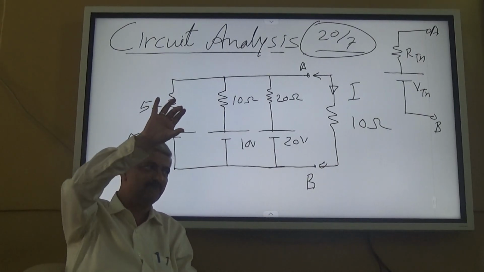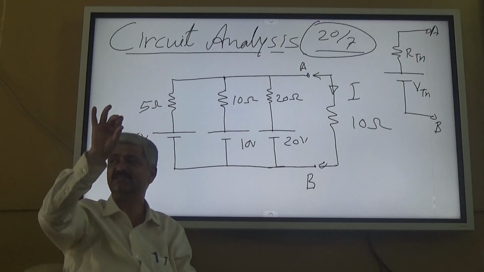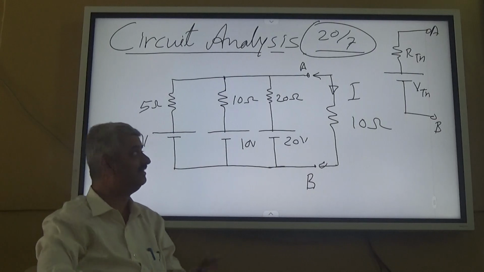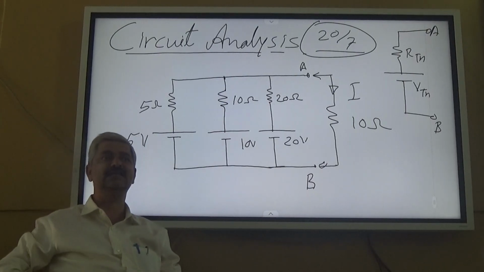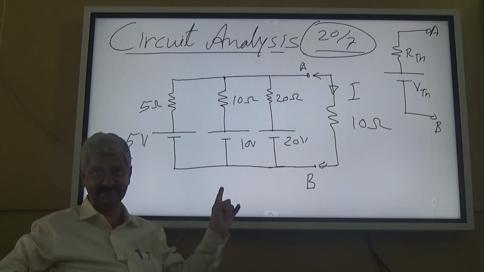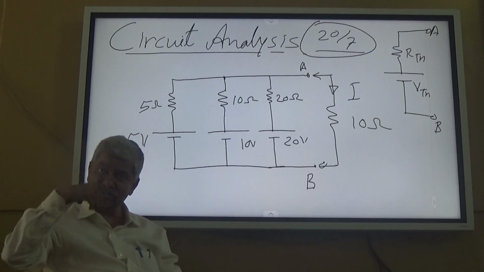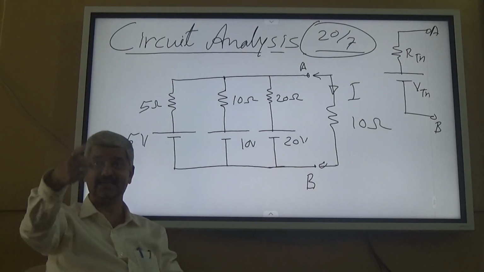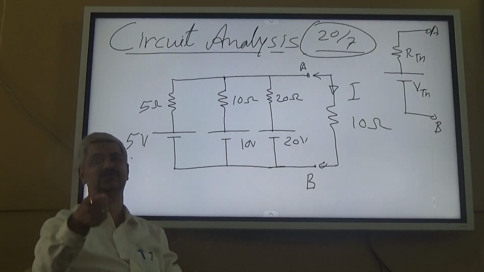If I have multiple parallel branches, each consisting of a voltage source and a resistor, can I find their equivalent by some further simplified technique? Is it possible? Right? So I stop here on this front, and you don't refer to Google or any other literature and try to find out. In that case, your contribution will be an original contribution.